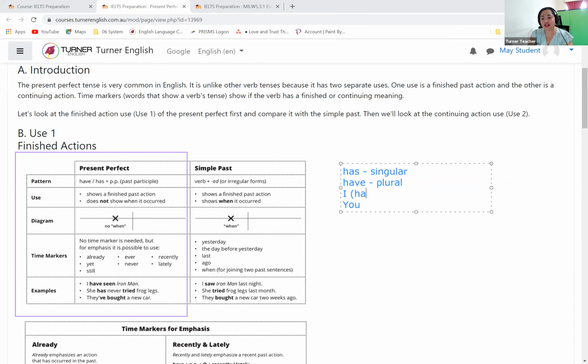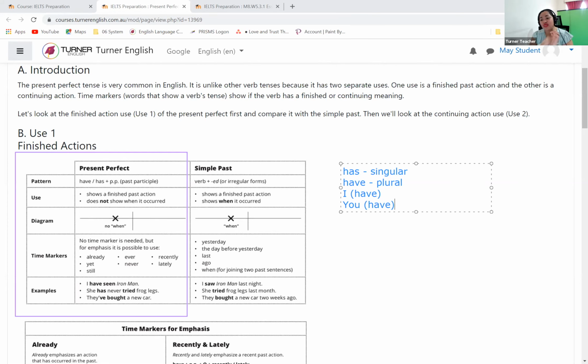Okay, is that clear so far, everyone? That is the exception to the rule. So even if I is only one, I will use have. Even if you is only one, the use is have. But the rest of the singular subjects will use has, and the rest of the plural subjects will use have.